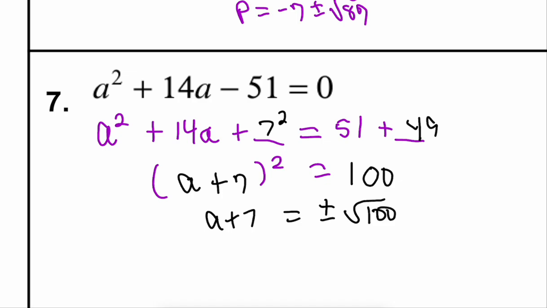Because we get a perfect square, we can just take that square. So that's a plus or minus 10.